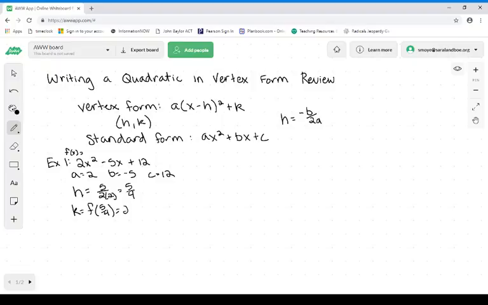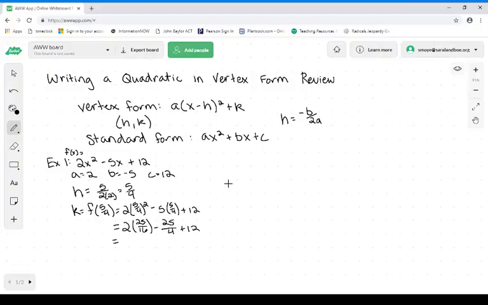So I want to take 2(5/4)^2 - 5 times 5/4 + 12. And we just need to simplify this. So we have 2 times 25/16 - 25/4 + 12.